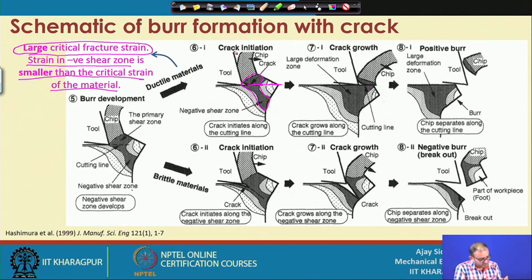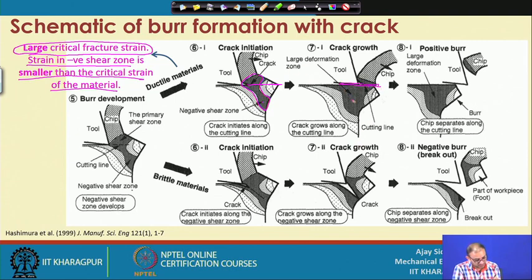So this is the crack initiation, the crack initiates along the cutting line. This is the negative shear zone we are talking about here. It is smaller than the critical strain of the material, so it will not exceed the strain of the material. It will stay there. So, crack growth along the cutting line. Whatever this crack growth is, it is continuously in this direction, and this is the cutting line.